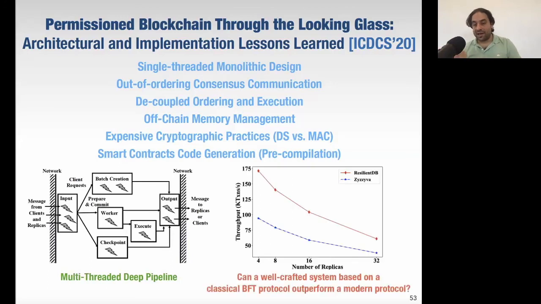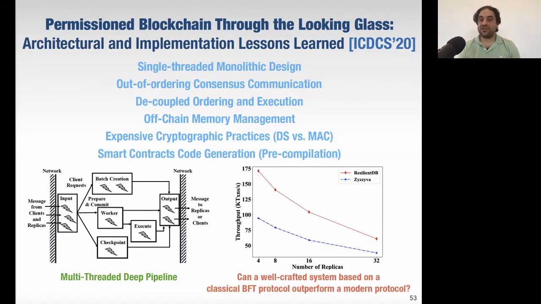And in doing so, again, we pose this very fundamental question: can a well-crafted system based on a classical BFT protocol even outperform a modern protocol that was proposed 10 or 20 years later? This is really to have that system-centric design when we build a fabric, as opposed to a limited protocol-centric view. That's the difference of having this sophisticated pipeline of execution versus, well, I'm just going to run a single thread. And here we can see we can actually do that.